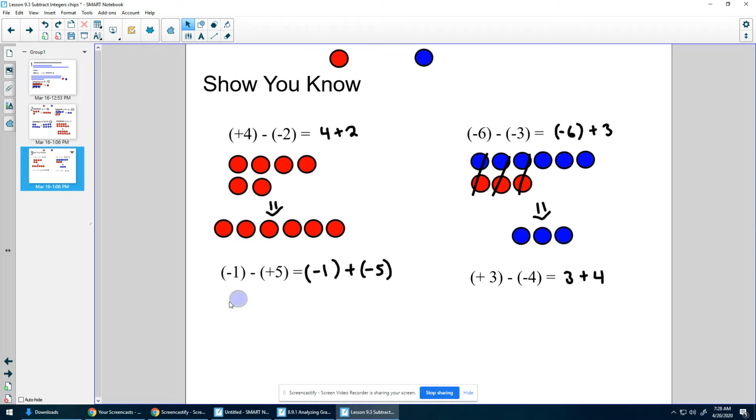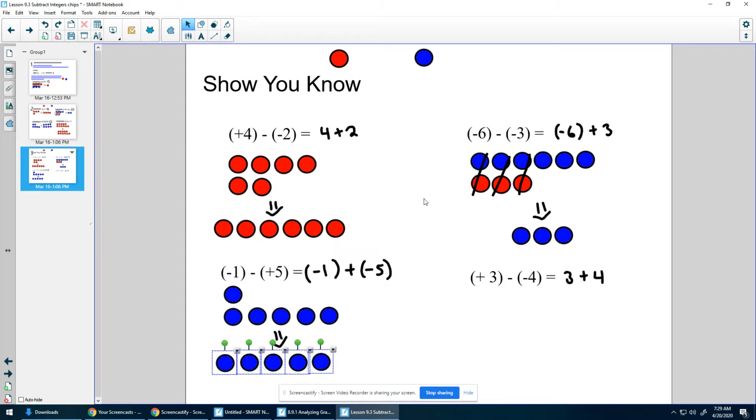Okay, now we have negative 1, and we are adding negative 5. And that leaves us with negative 6.